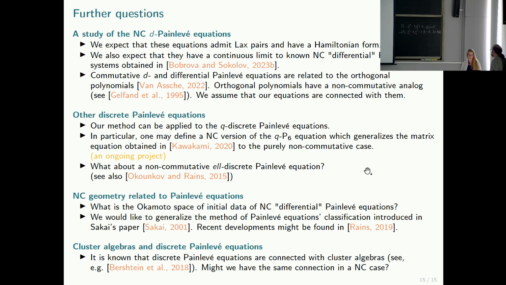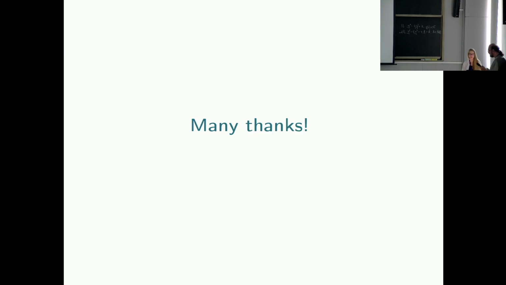And two last questions are about non-commutative geometry related to the Painlevé equations and their connection to non-commutative cluster algebras. Let me stop here, and thanks a lot.